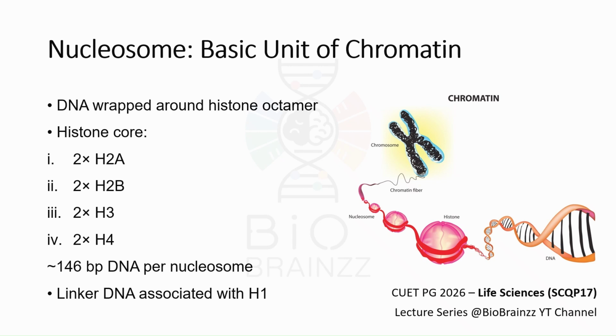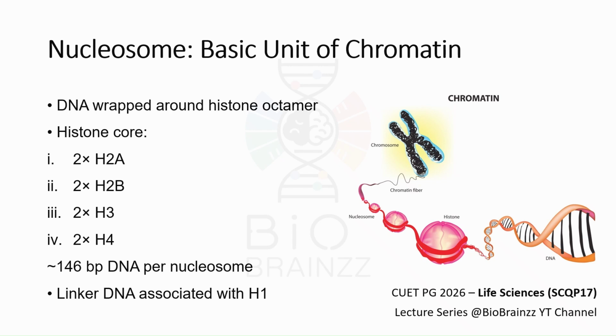Between two neighboring nucleosomes, there is a short stretch of DNA called linker DNA. This linker region is associated with another histone protein known as H1, which helps in further compacting the chromatin fiber. The diagram on the right shows how DNA wraps around histones to form nucleosomes, which then fold to produce chromatin fibers and eventually chromosomes.